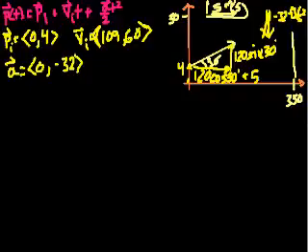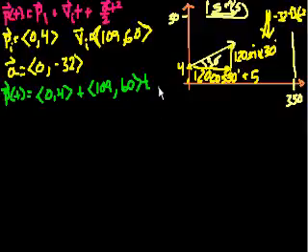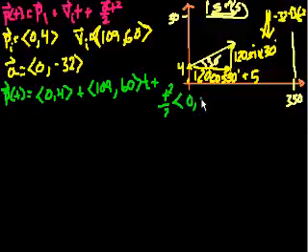So now let's put these back in that original equation. Our position vector equals my initial position, which is 0, 4, plus my initial velocity vector, 109, 60 times t, plus t squared over 2 times my acceleration vector, 0, minus 32.